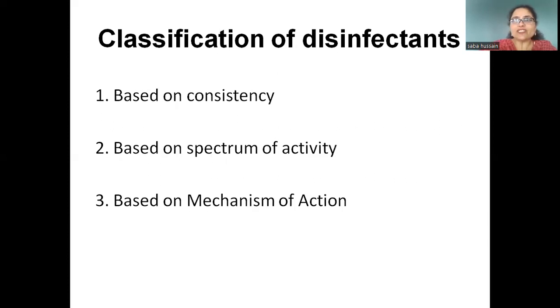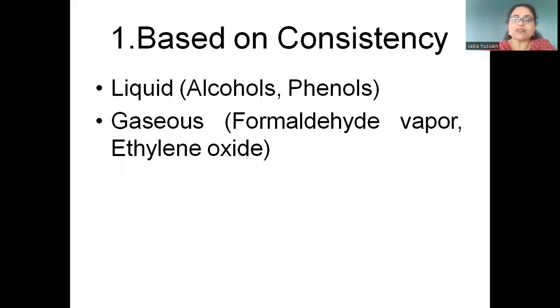So disinfectants have their own limitations, and they have been classified on the basis of consistency, on the basis of the spectrum of activity, and on the basis of the mechanism of action, how they operate and remove microorganisms. These are the three bases on which disinfectants have been classified.